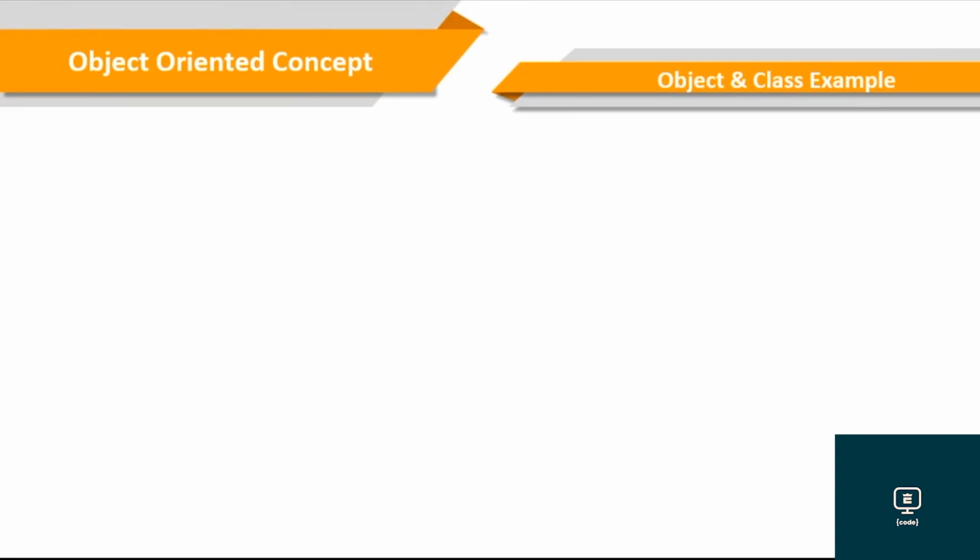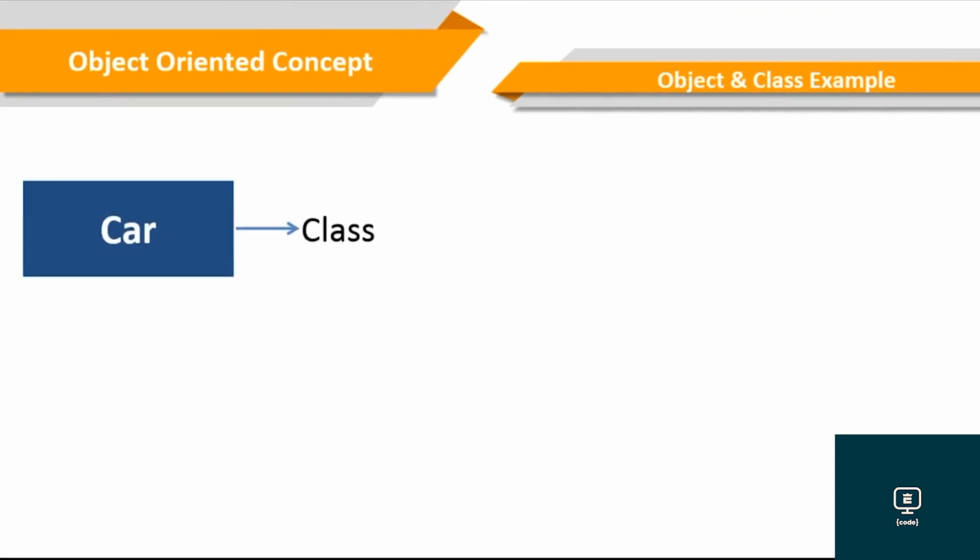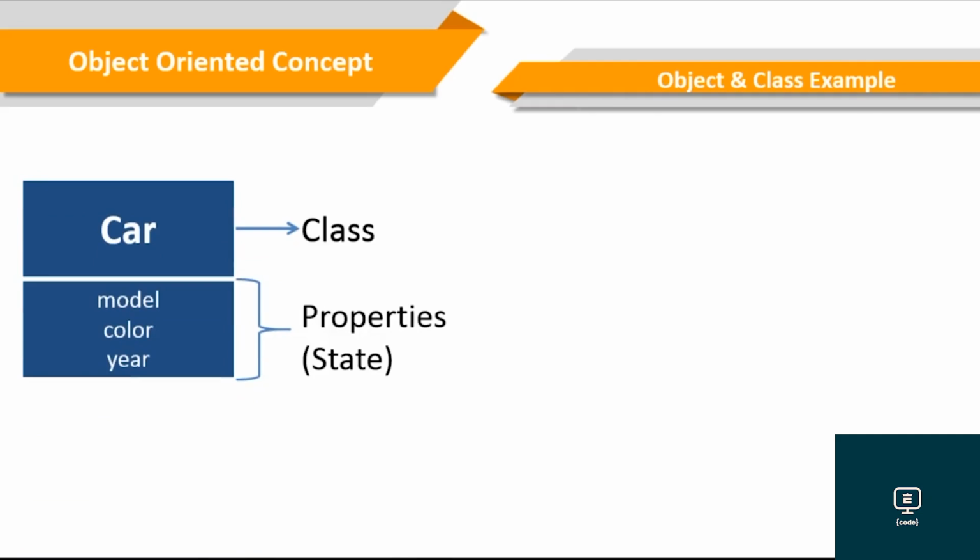Object and class example. So let's make an example with objects and class. For instance, we define a car class, and the properties of an object car would be model, color, and year. An object also executes some actions. A car is capable of performing the following actions, right?